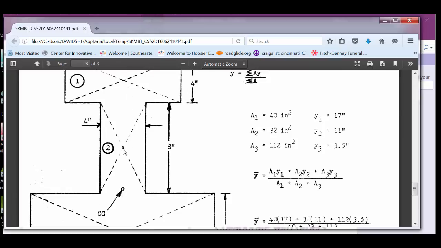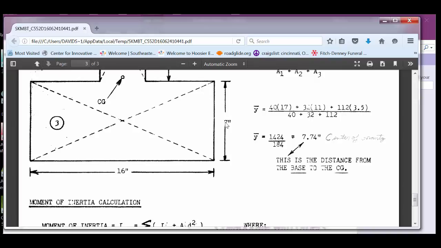Just like on the second one, you would go to this point right here, which would be half of the 8 inches, right? So 4 plus 7 gives you 11. Then the third one, you're only going to take half of this 7 here, because this is the axis that we're trying to measure relative to.